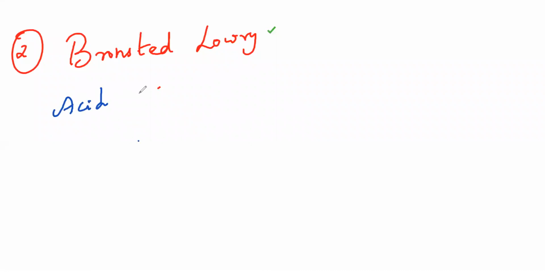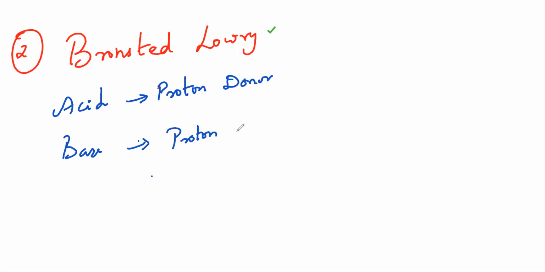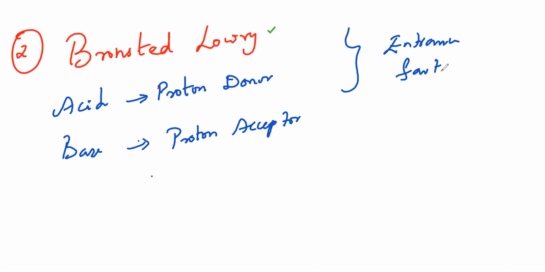According to him, an acid is a proton donor and a base is a proton acceptor. This is an entrance favorite question. Fine. I'm not going to discuss strong acids and weak acids; that we have to study.